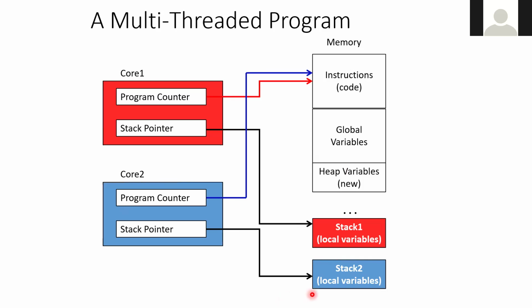So something will manage your memory such that you'll be seeing two different stacks. The stacks will not talk to each other because they're local to your current core, but all of the other ones, the instructions, the global variables, the heap variables, are shared. So local variables are still local, so you can modify them freely. Thread 1 and thread 2.